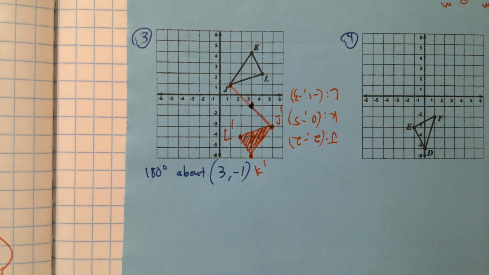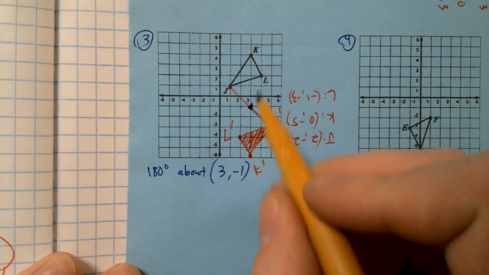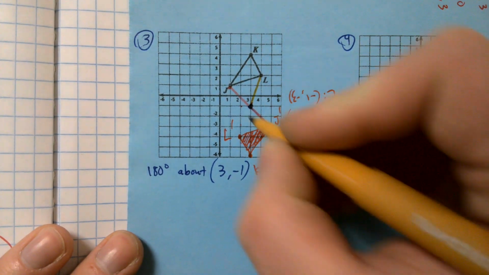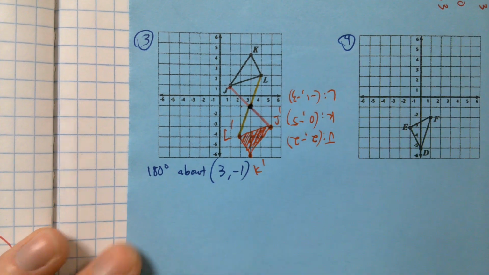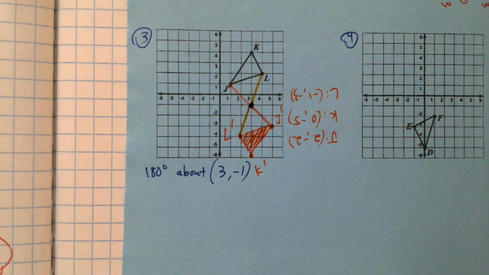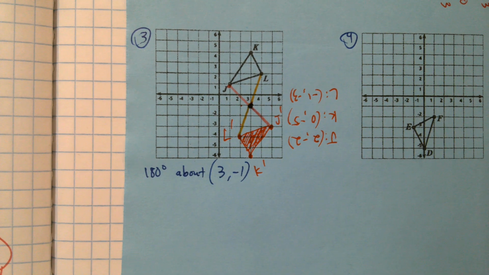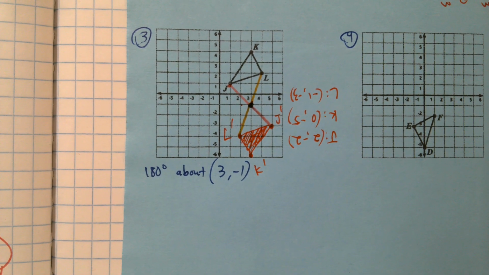What degree did I turn this shape? 180 degrees. What about L? Here's my pre-image point L. If I draw a line from L to the center of rotation to my image coordinate L prime, another 180 degree angle. So again, that's a way we can check. Like if this problem said 90 degrees and you got this answer and you did those lines, you would go, uh-oh, I went way too far, right?